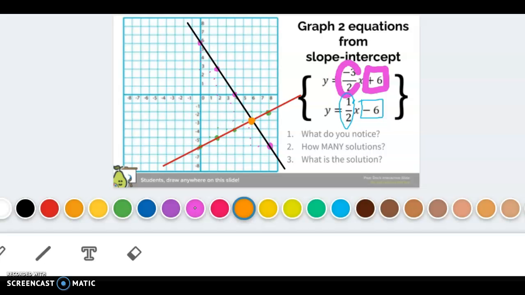How many solutions? There's one solution. And then what is the solution? What are the actual coordinates of your solution? So remember it's 6, -3. So my solution is 6, -3.